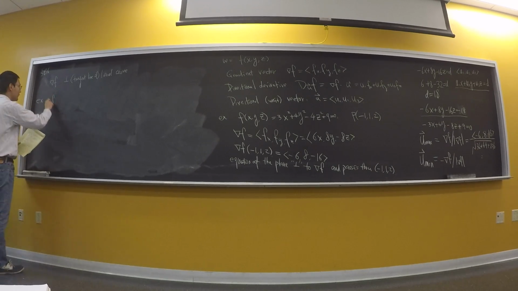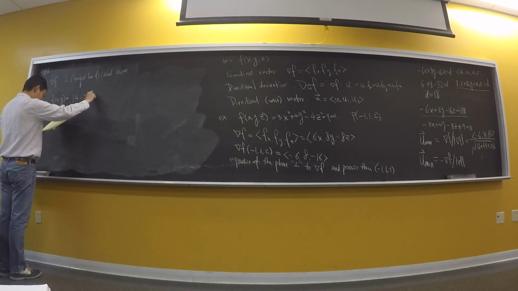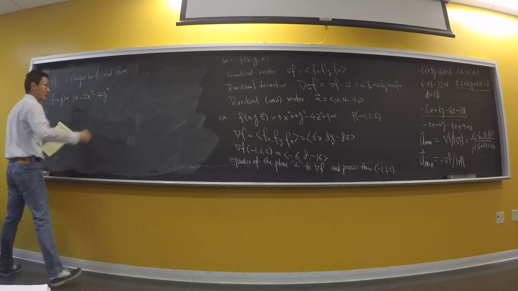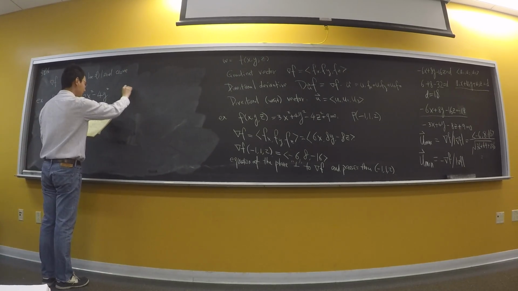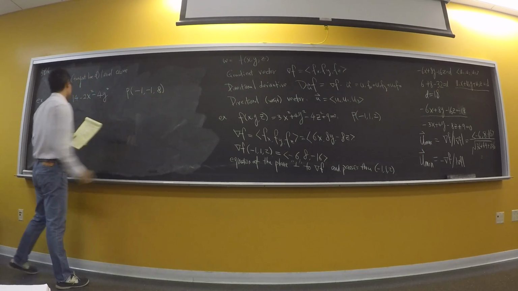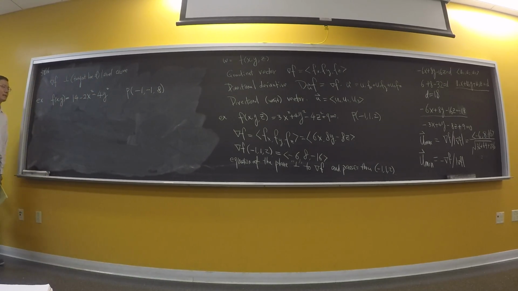We have a function f(x, y) equal to 14 minus 2x squared minus 5y squared. I want to look at this point P: minus 1, minus 1, and 8. So z is exactly equal to 8. So this point is on the surface, on the graph of this function.